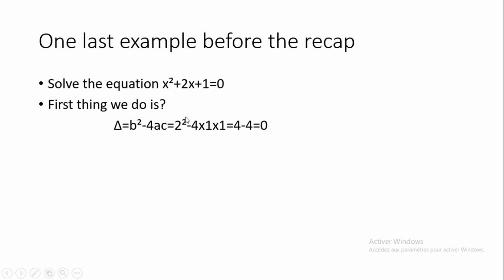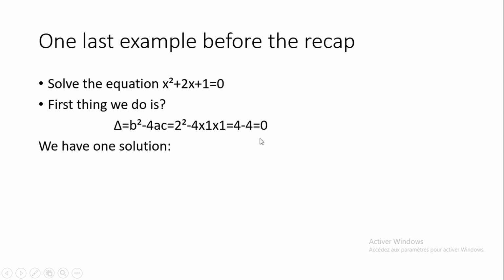This is equal to 2 squared minus 4 times 1 times 1, which is 4 minus 4, which gives us 0.